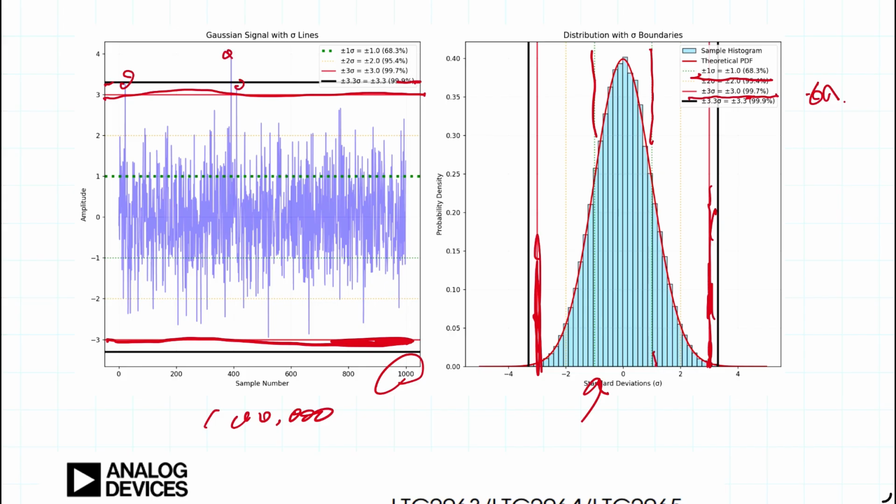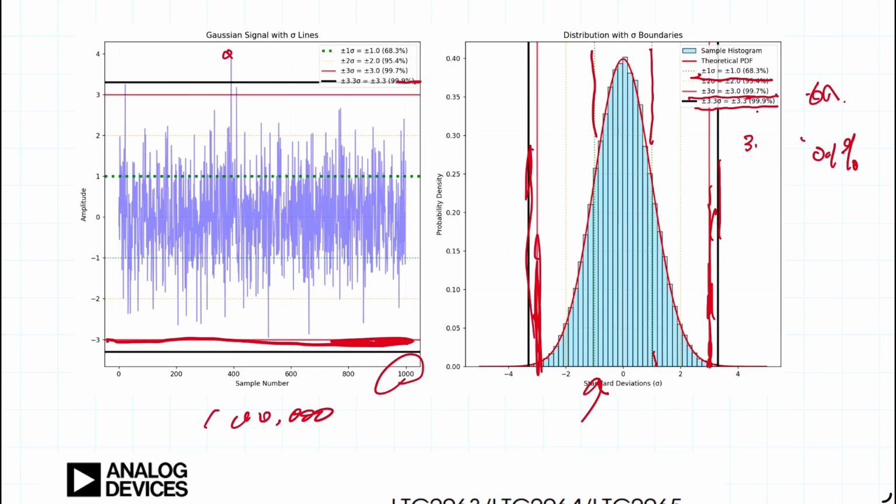And in electronics, we commonly use this plus minus 3.3 sigma lines. That is a little bit further than the 3 sigma line, this black curve in this histogram. What that means is if your samples fall in this range, about 99.9% of samples will be in this band. Only 0.1% of samples can go out beyond this band.